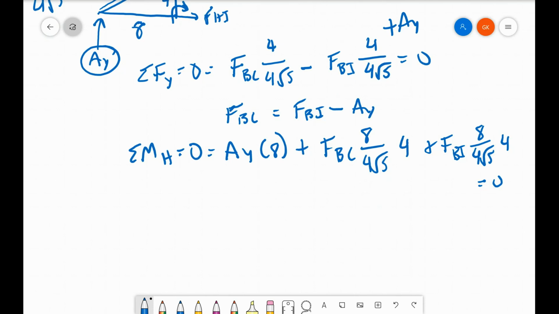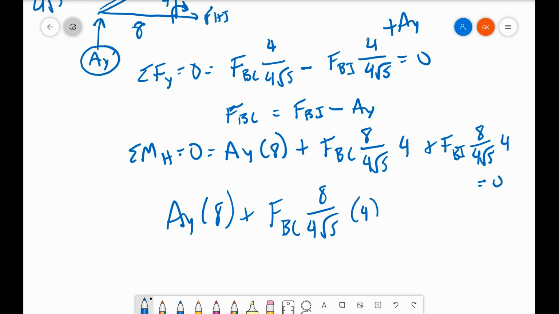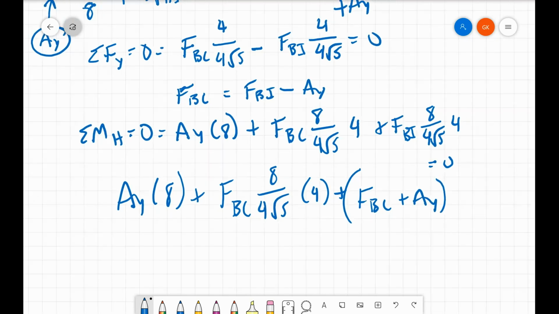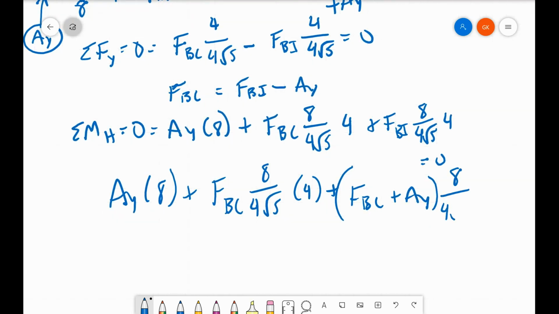So if I solve this, what I get is that, let's see, I'll take my original equation. So AY times 8 plus FBC 8 over 4 square root of 5 times 4 plus FBC plus AY times 8 over 4 square root of 5 times 4.